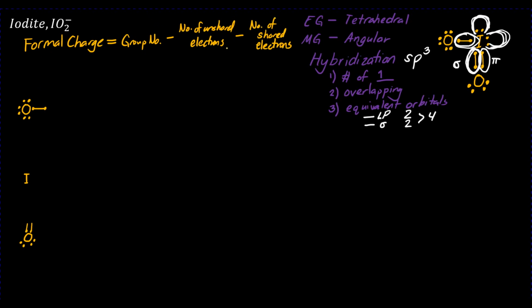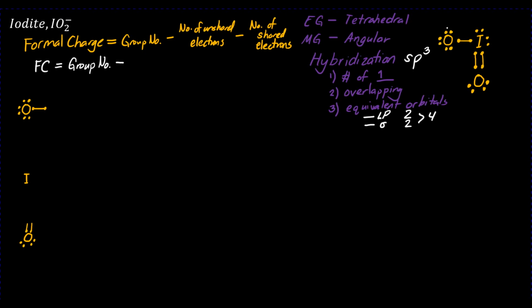And it actually helps you determine the formal charge if you wrote down the structure of the polyatomic ion in this form, because in this form you can actually count the number of unshared electrons and the number of shared electrons. If your structure is written this way, one way to remember the formula for formal charge is first group number of the element minus the number of unshared electrons. For oxygen, 6 electrons are unshared.